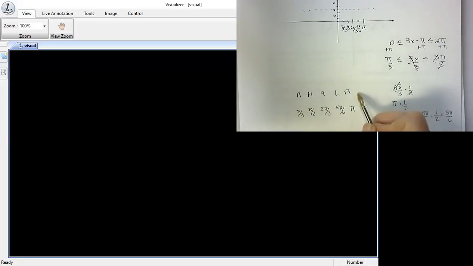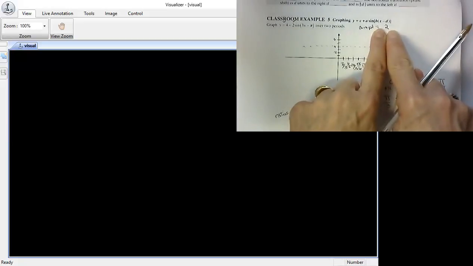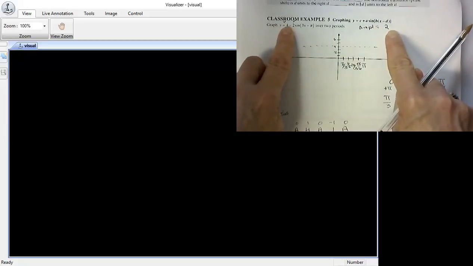Now, normally, a holla has, so these are my angles. My ratios are normally what if there's been no transformation? 0, 1, 0. But because we had this amplitude change, my amplitude is 2, but notice what else is here?